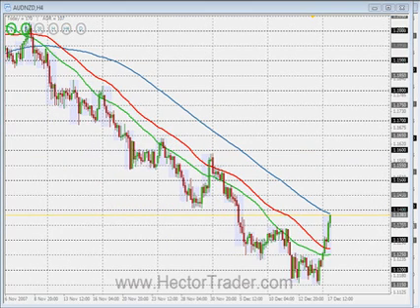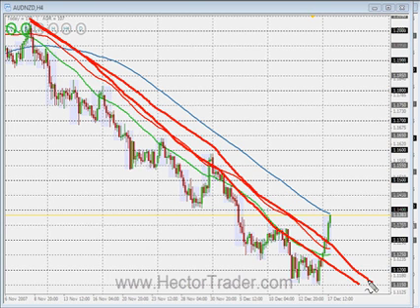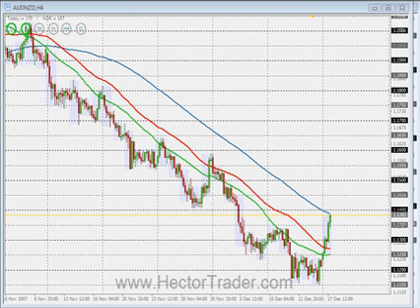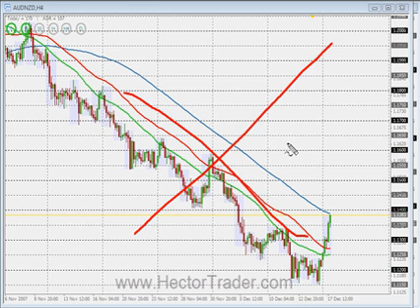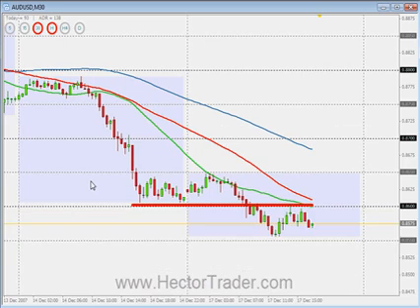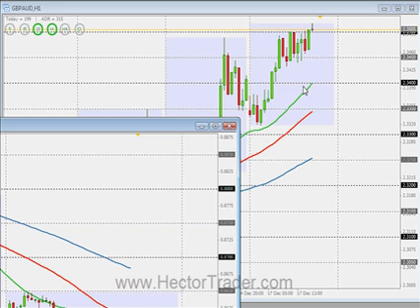Moreover, if we draw some trend lines, we can clearly see that the main trend line in this downtrend has been breached. So for the time being, I'm going to have to cancel this setup altogether. This one I will show you later.